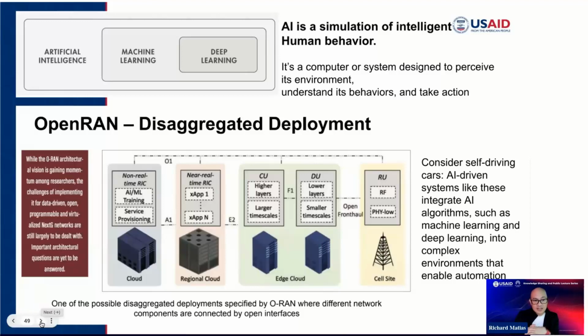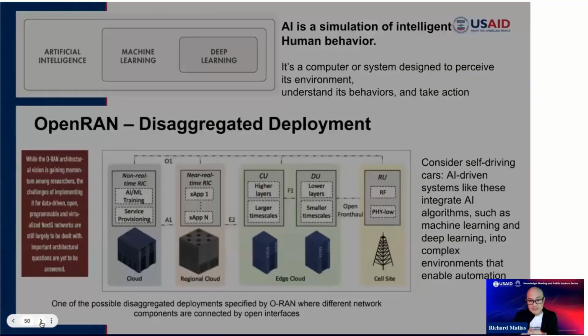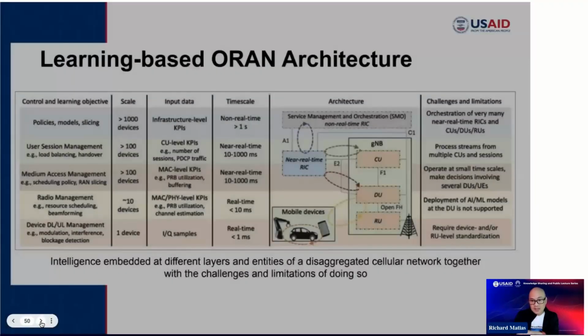And the last thing is network security. AI can be used to detect and prevent security threats in Open RAN networks by analyzing network data. AI algorithms can identify potential security breaches and take action to prevent them. Okay, so the next slide is just to show the overall picture.